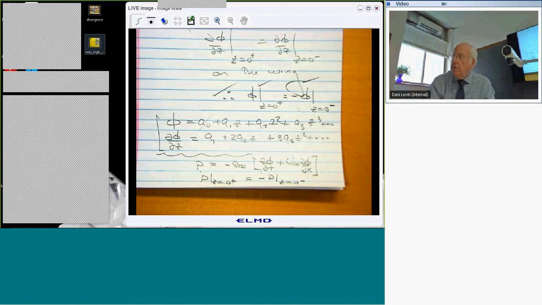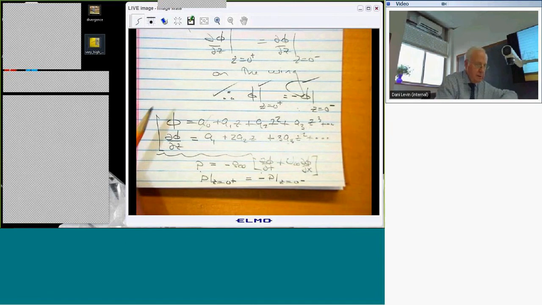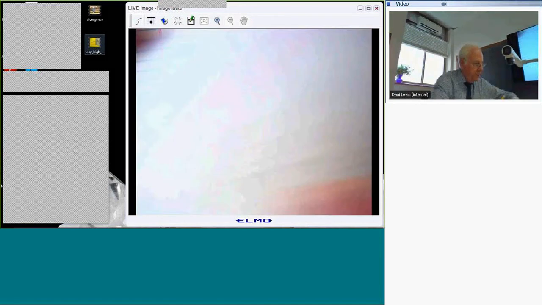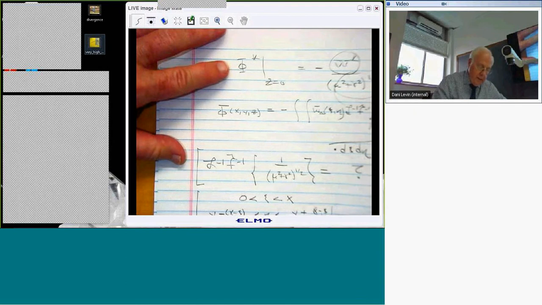Yes, but the lifting problem is inherently more complicated. Why is that so? Because remember what I said. I said I need to integrate off the wing.